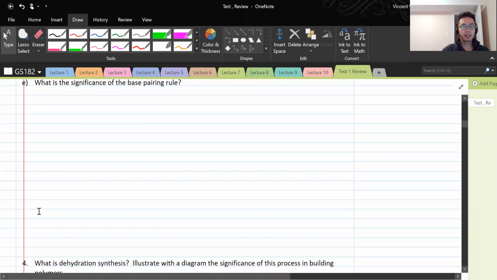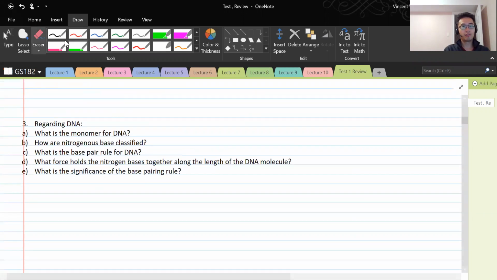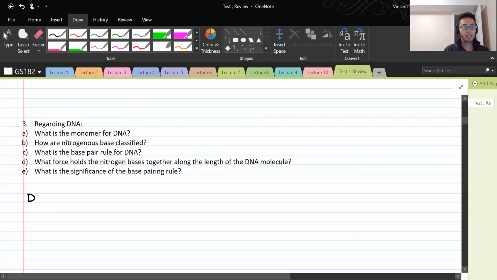Regarding DNA, what is the monomer of DNA? Okay, so that is going to be a nucleotide. What is a nucleotide made up of? Well, a nucleotide has 3 parts, right?